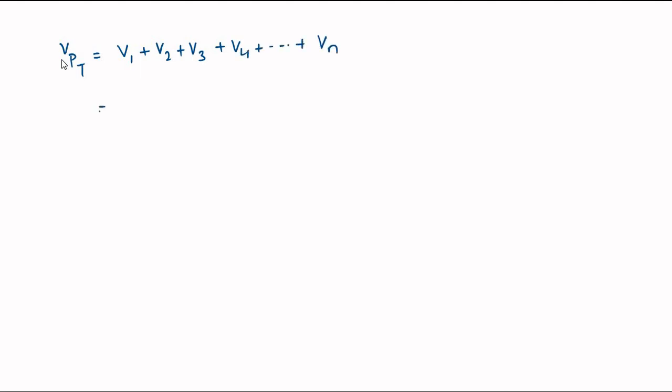So it is simply Q1 by 4 pi epsilon 0 R1 plus Q2 by 4 pi epsilon 0 R2 and so on up to the nth charge Qn by 4 pi epsilon 0 Rn.